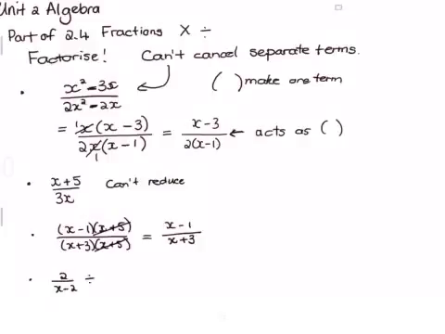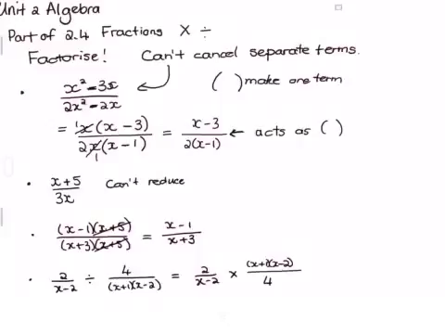Last one, let's do a divide: 2 over x minus 2, divide by 4 over x plus 1, x minus 2. Here again, your same rule as in numbers. You keep the first one, turn the divide into a multiply, and find the reciprocal of the one that was after the divide.